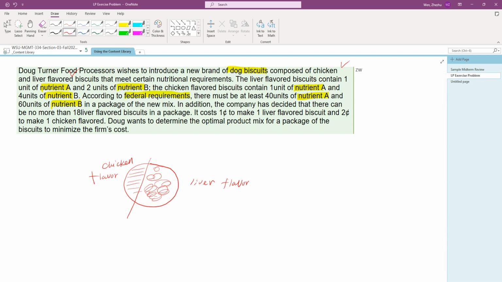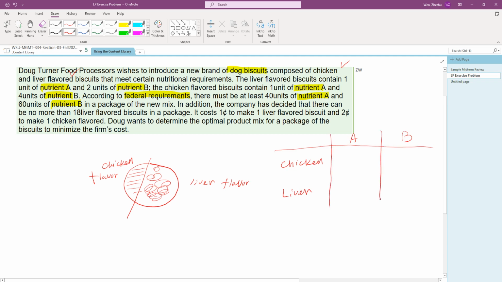I assume that becomes our constraint. This is the way I would organize the information: you have a liver flavor, a chicken flavor, and you have nutrient A and nutrient B. So that gives you a nice matrix like this. This is easier for organizing information.